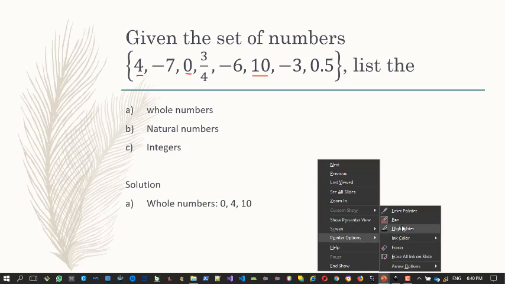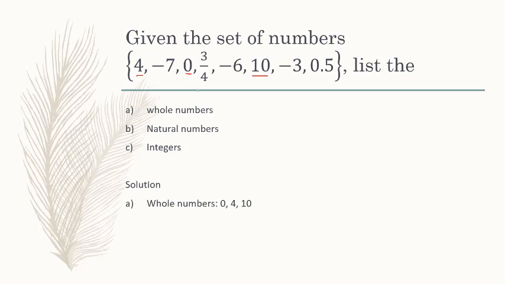Okay, let me change the color of the pen. For the natural numbers, remember natural numbers don't include 0. That means for the natural numbers, we only have the positive numbers. We have 4 and 10. This is it. Natural numbers: 4, 10.